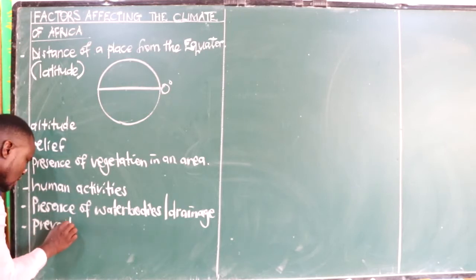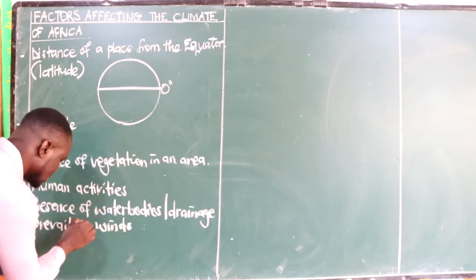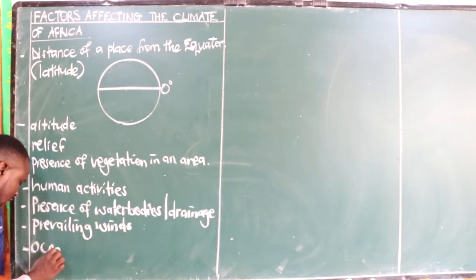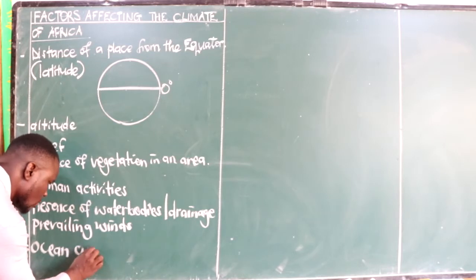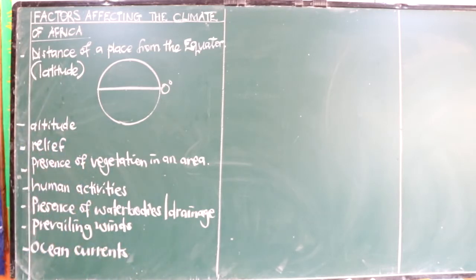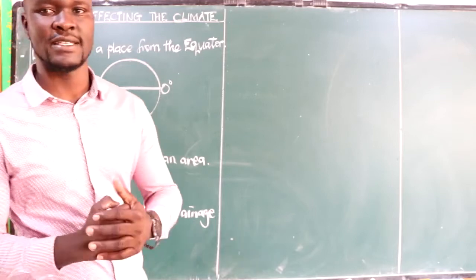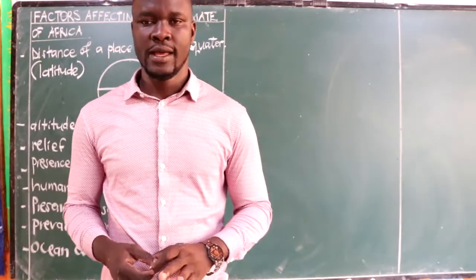Then we shall also have what we call prevailing winds. Then we shall have ocean currents. So these, among others, are the factors that influence, factors that affect the climate of an area.